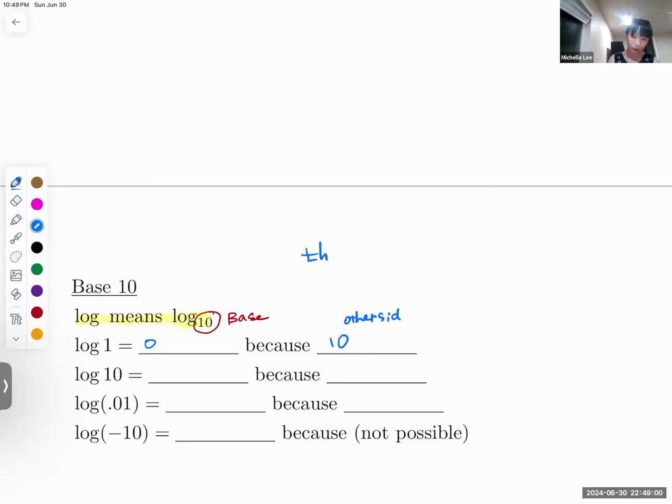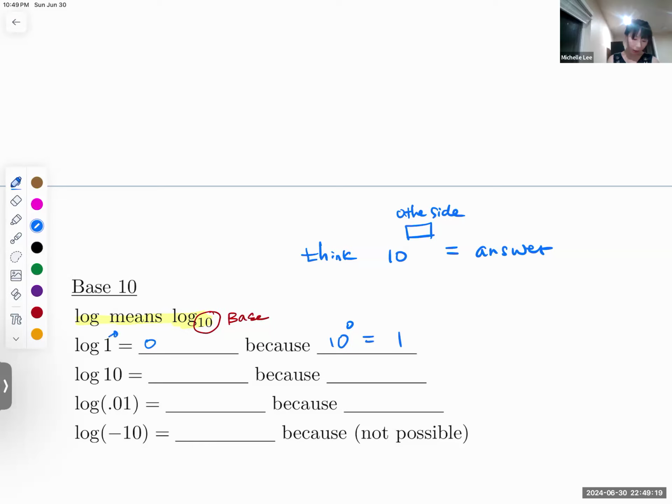Think, 10 to the other side gives us the answer, right? So the other side will be the 0 power. The answer is 1, right?